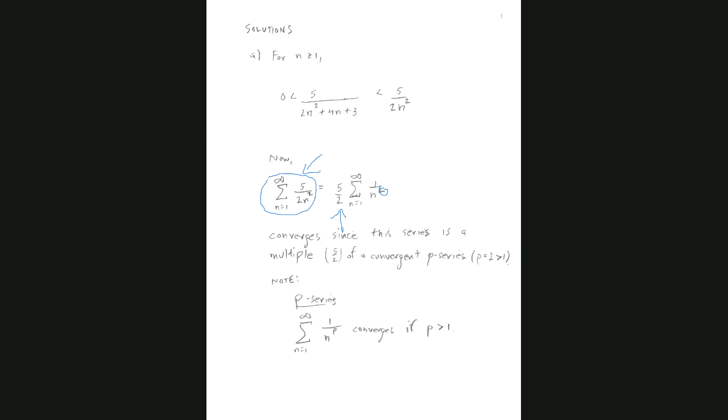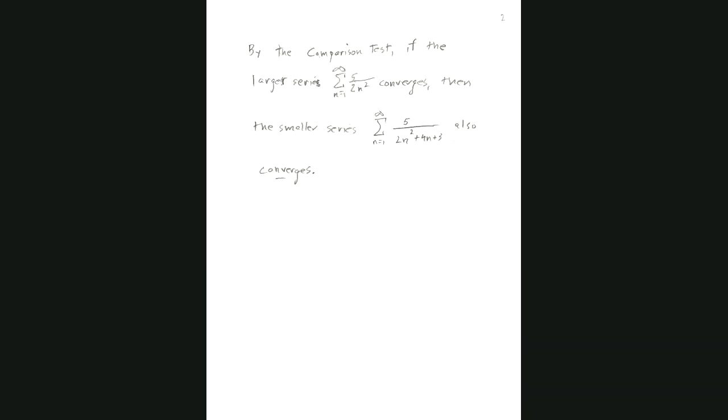That's correct. Good, Robin. Good, Tyreek. Our series is smaller by virtue of the fact that the terms of our series are smaller than the terms of this p-series. And so this means then, by the comparison test, if the larger series converges, the smaller series has to converge.